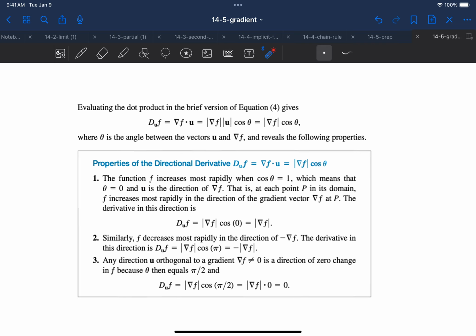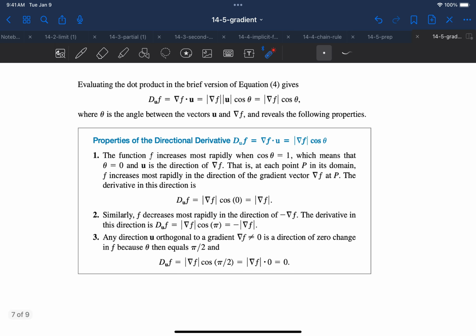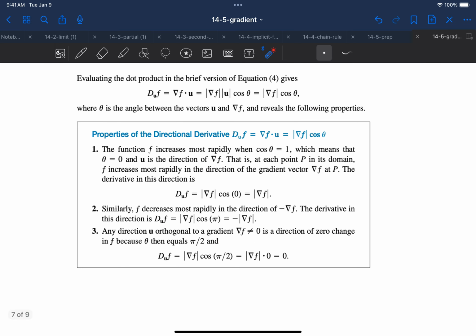Now we're going to discuss further the directional derivatives and the relation with the gradient, which gives a meaningful interpretation of these computations.